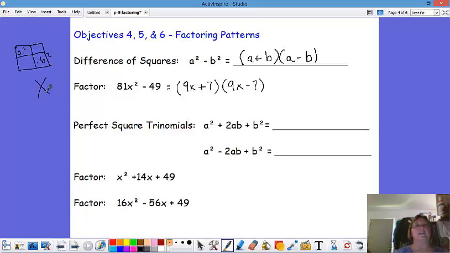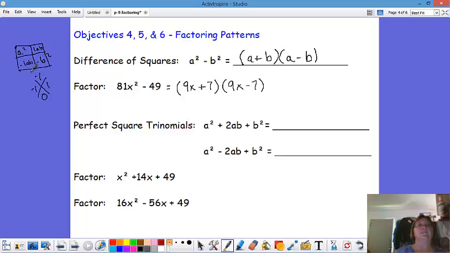If you think about what has to happen, when you multiply negative 1, when you add, you have to get 0 since there's no middle term. And the only way that can happen is if you have a negative 1 and a 1. So we'd come back in here and say that this is negative 1ab and this is positive 1ab.